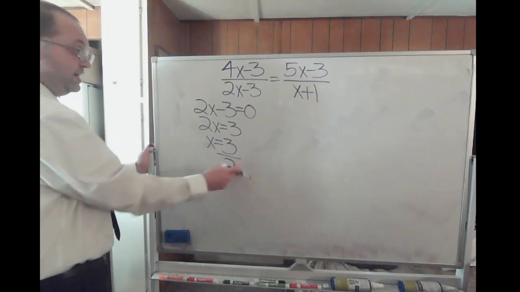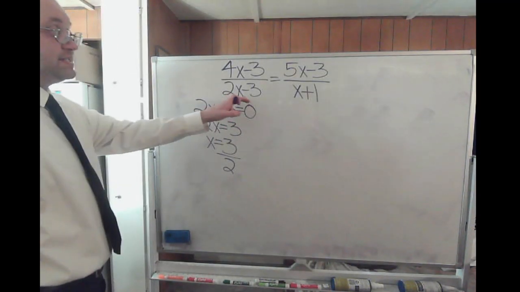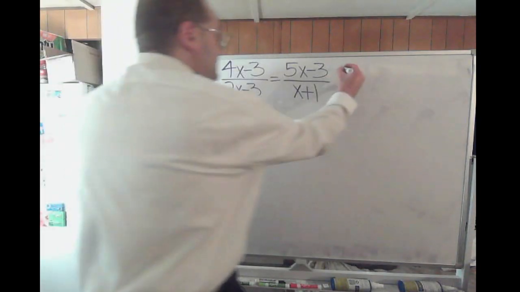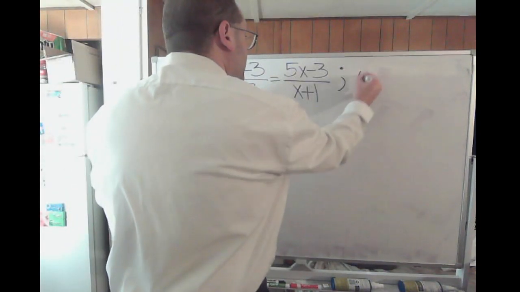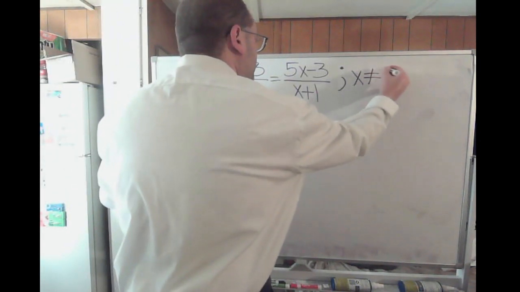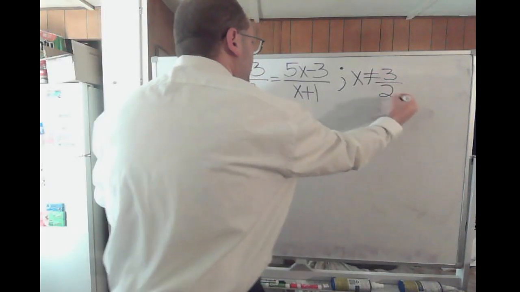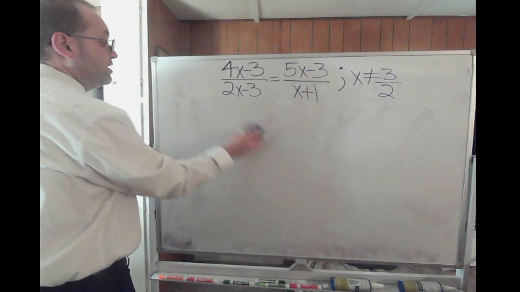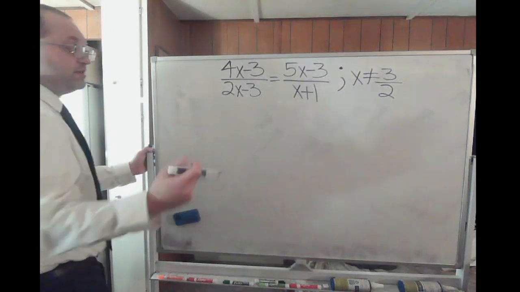So if x equals 3 halves, that makes this denominator 0, which would make the expression undefined. So it's clear that x is not allowed to equal 3 halves. Well, what about the other denominator, x plus 1? We don't even have to do much.